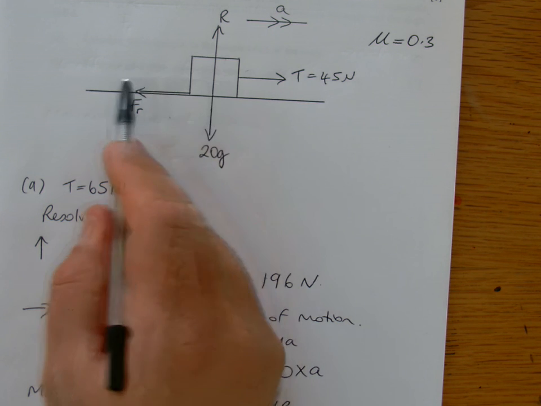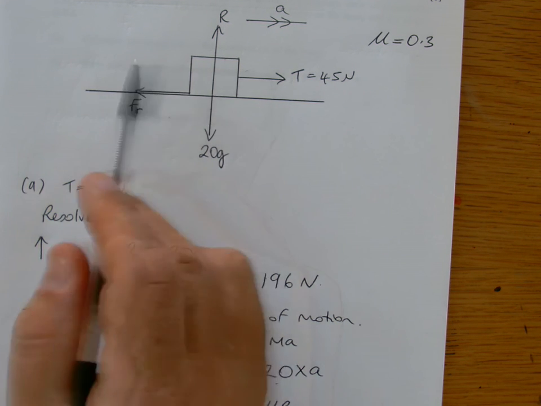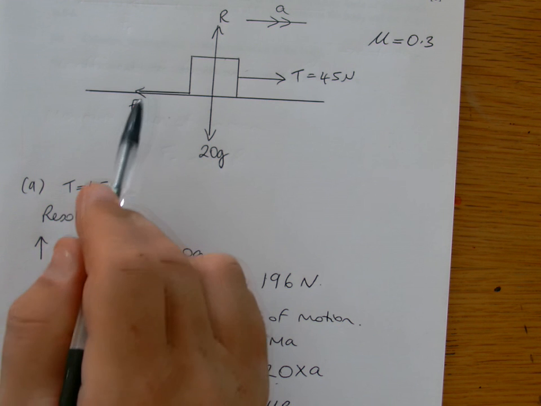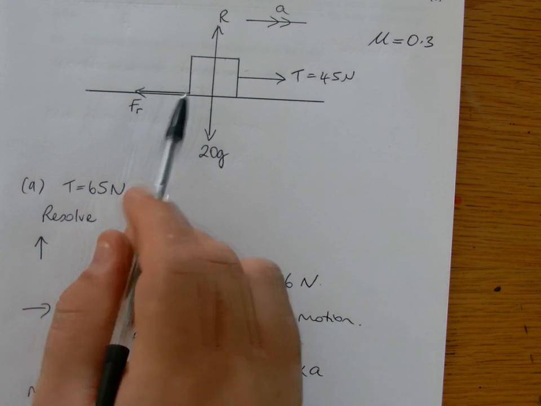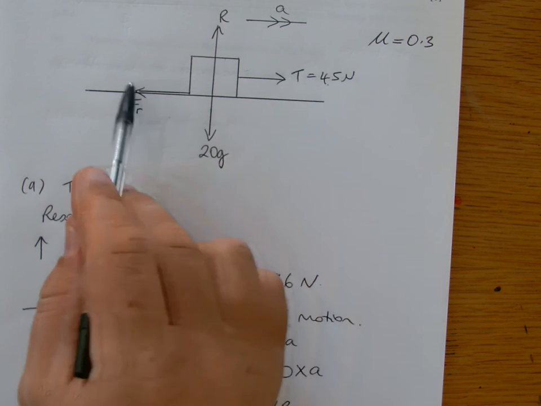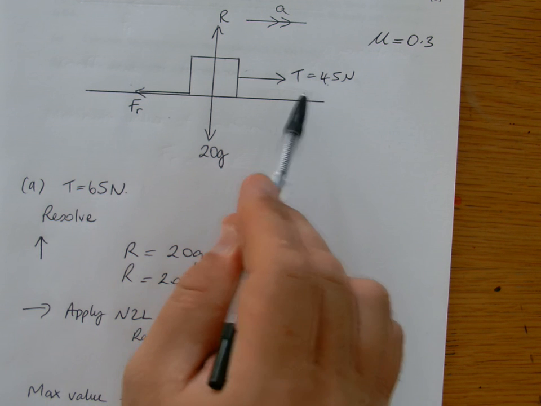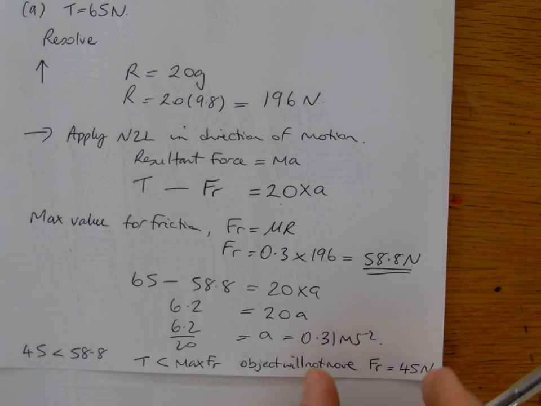It would end up going backwards, which is silly because there's no force pulling it backwards. Friction is a reactive force, not an active force. It reacts to the tension, so it will only be able to match the tension. Its maximum value is 58.8, but when the tension is only 45, the friction will just match it and the object will not move.